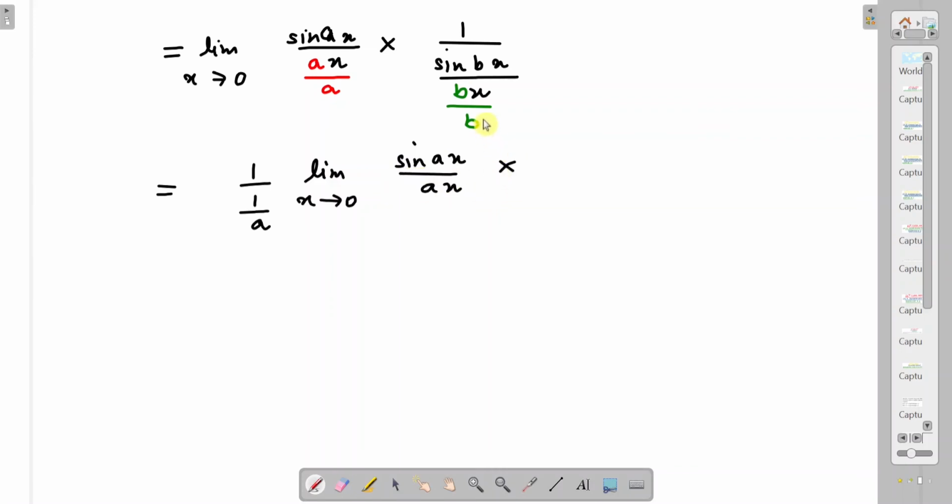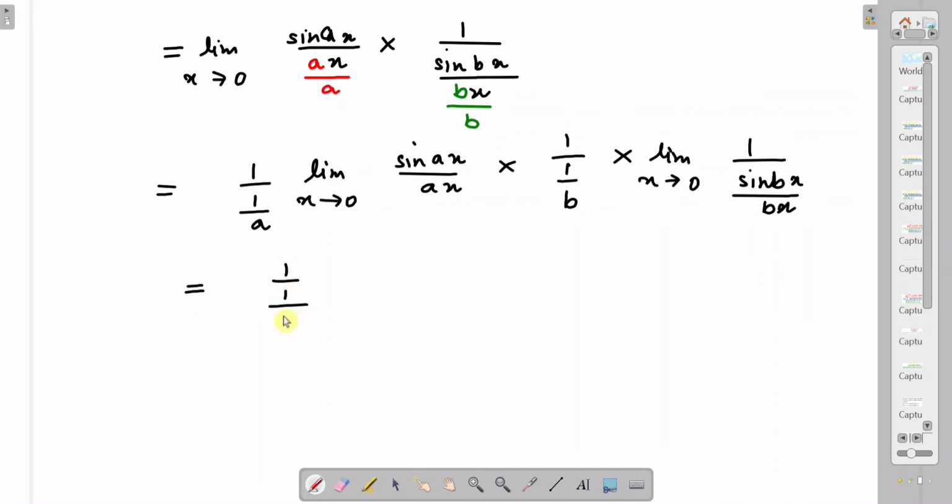And multiplied by this, 1 by b, and multiplied by limit x tends to 0, 1 by sine bx divided by bx. So this will be equal to 1 by ab.